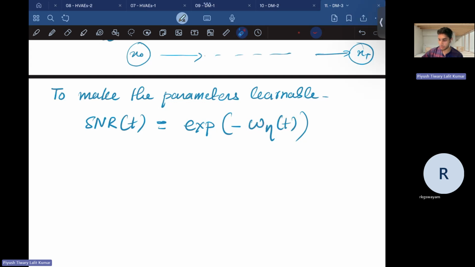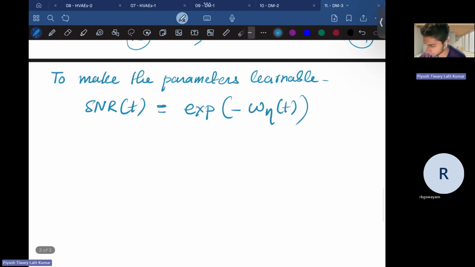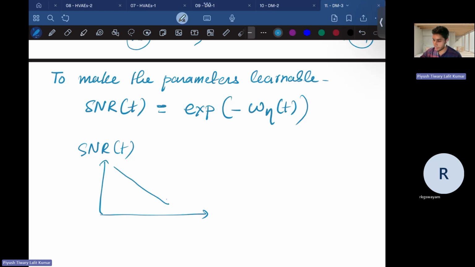It takes t as input. What do we want? We want the SNR of t, as a function of time, to always decrease and always be greater than zero. The exponential takes care of it being greater than zero.